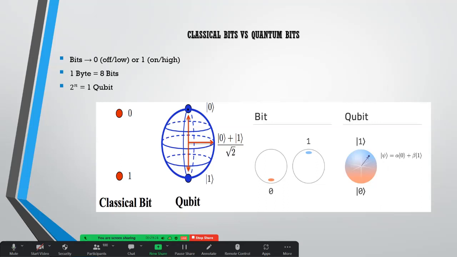Now, how do we measure it? We measure it using this formula, that 2 to the power n is equal to 1 qubit. Qubits have two states, and using these two states, they show superposition of both states and quantum entanglement together.